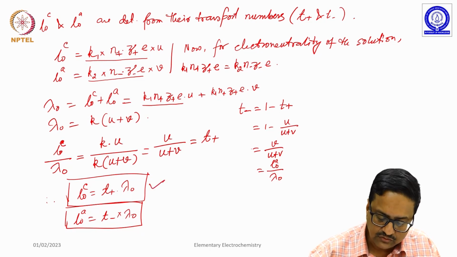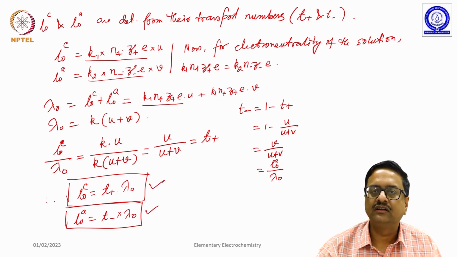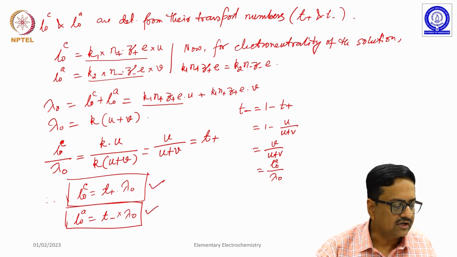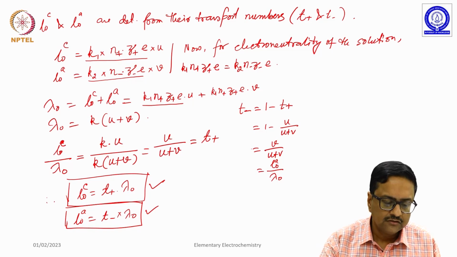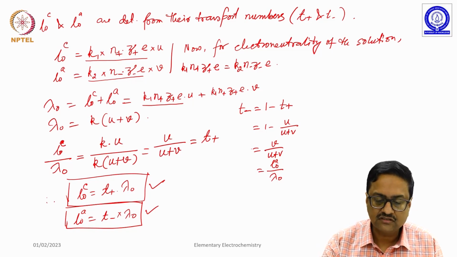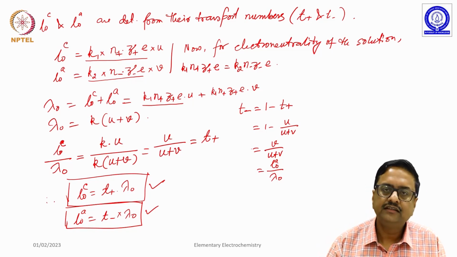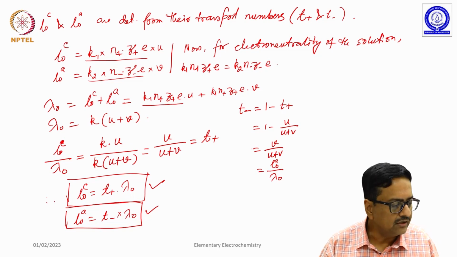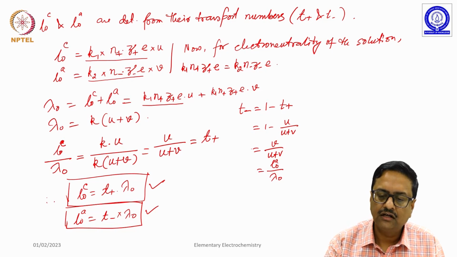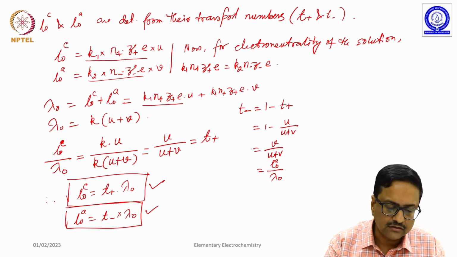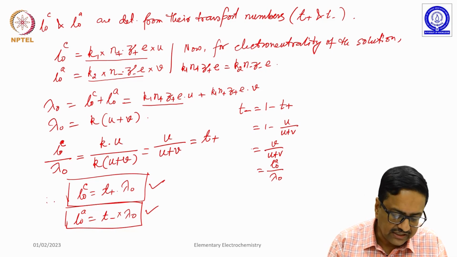So we can use these equations for determination of ion conductances for different electrolytic solutions. So using this concept, one can easily determine the value of equivalent conductance at infinite dilution for any other electrolyte which are not known or new, or maybe one of the weak electrolytes.